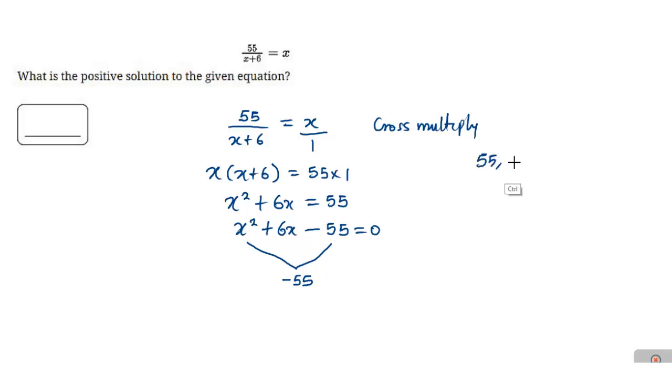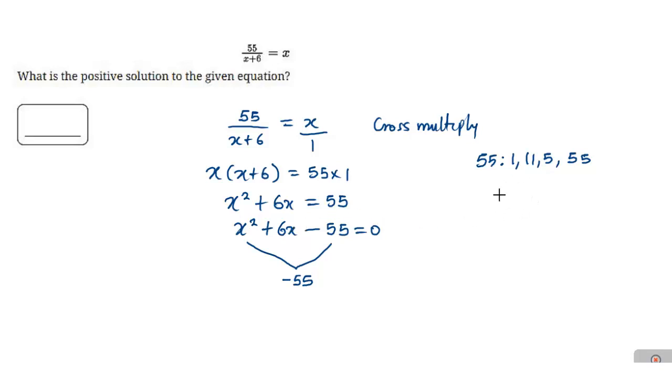They include 1, 11, 5, and 55 itself. Any positive or negative combination of any of these numbers that will give us plus 6 is what we need to think about.